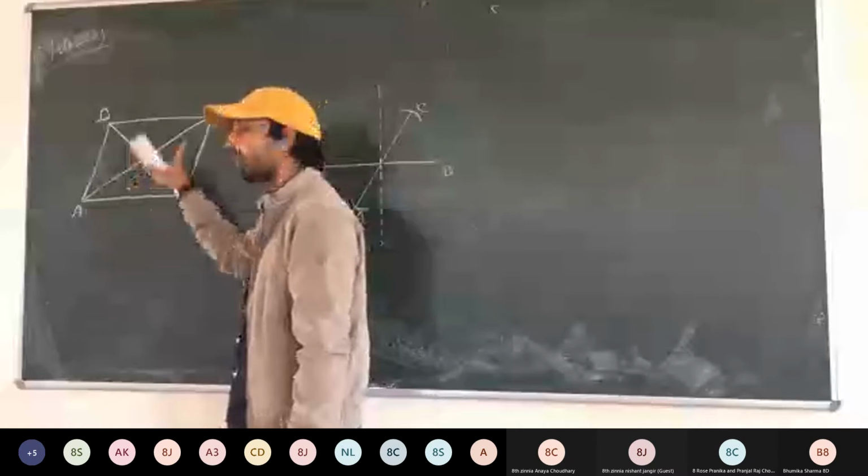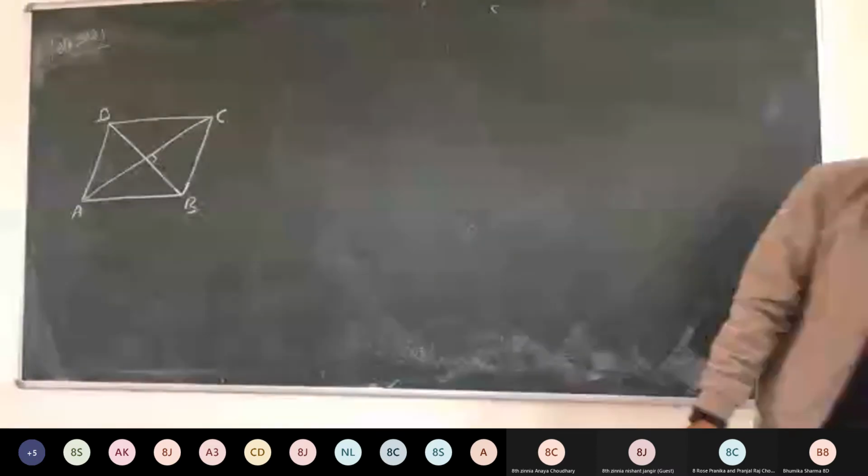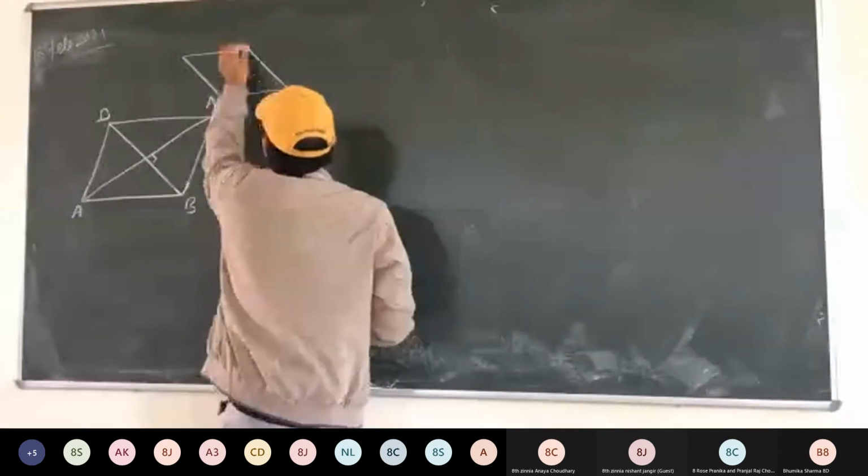So each side is 6 centimeters. And one angle is how much? The vertices are A, B, C, D. This angle is 45 degrees.